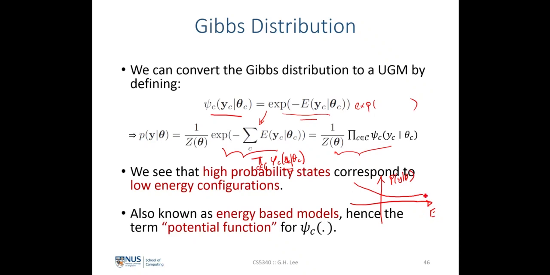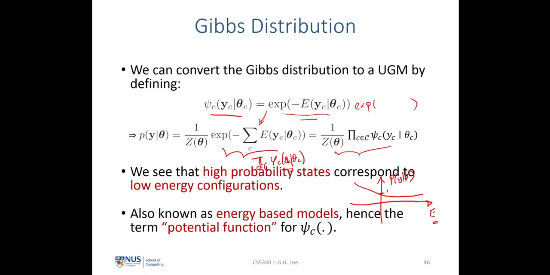The higher the energy, the lower the probability. And since in this case it intersects at 1, if we want a higher probability, we want to maximize the probability, then this corresponds to the lowest energy configuration that we have in the joint distribution.